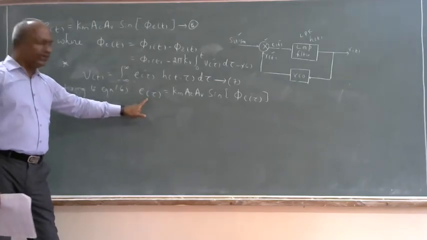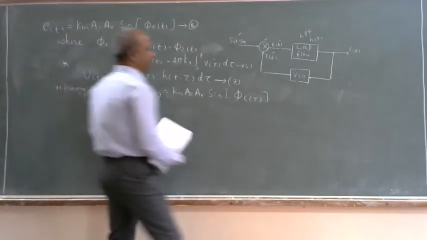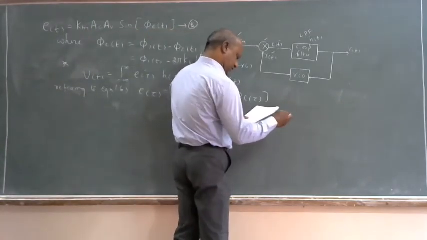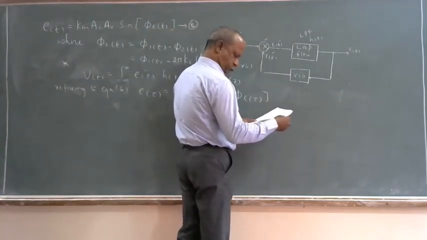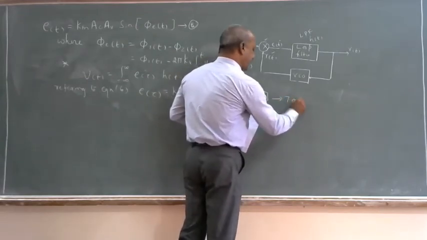So once you know E of tau, substitute this equation. Call this 7a.